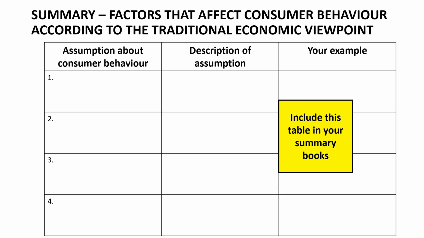As we go through this video, please write in each assumption in the left-hand column, include a description of that assumption in the middle column, and then include your own example to illustrate the application of that assumption in the right-hand column. I will give you my examples, but I want you to come up with your own examples. Let's look at each of the 4 groups of factors or assumptions.